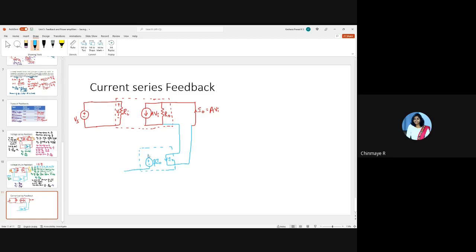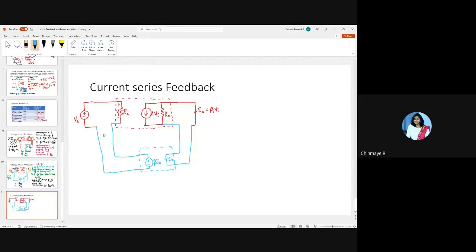And then this has to be fed back at the input. How should this be fed back at the input since it is voltage? How do you think this should be fed back at the input? Should I feed it back in series or in shunt? Series. Correct. So this has to be fed back in series. So let me erase this. And then I feed this back in series.